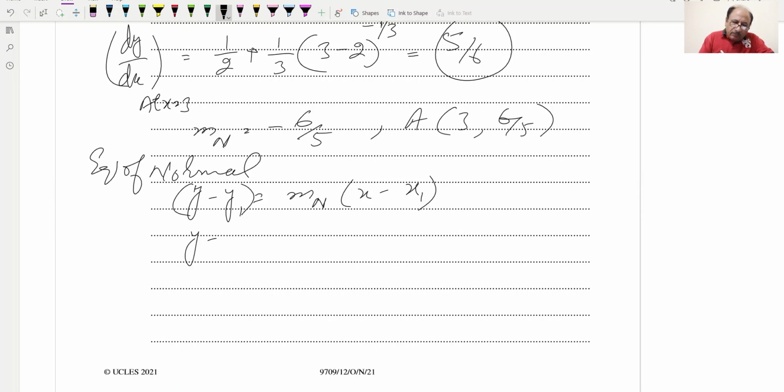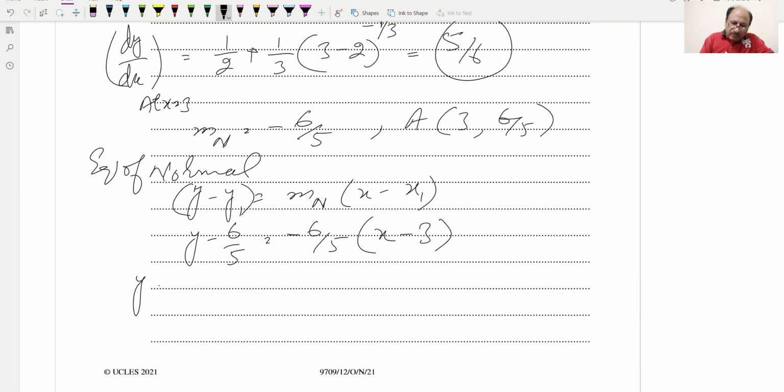So y minus y1 will be this one, 6 by 5, and this is equal to minus 6 by 5, which is the gradient of the normal, into x minus x1, which is 3, so we will write here 3. Now we can write it in y is equal to mx plus c format.